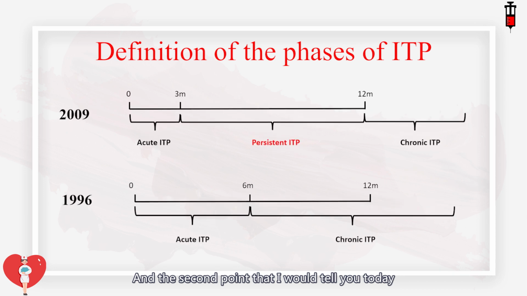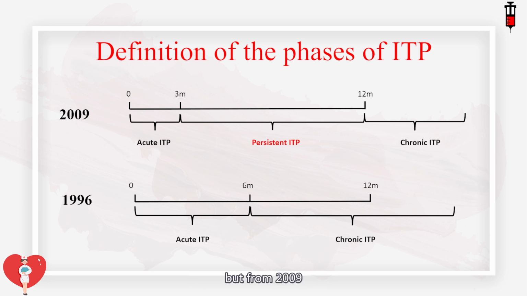The second point that I will tell you today is the phases of ITP. Some 10 years ago, ITP was divided at 6 or 12 months into acute and chronic. If the course of the patient exceeded 6 months, we diagnosed them as chronic, and if less than 6 months, acute.